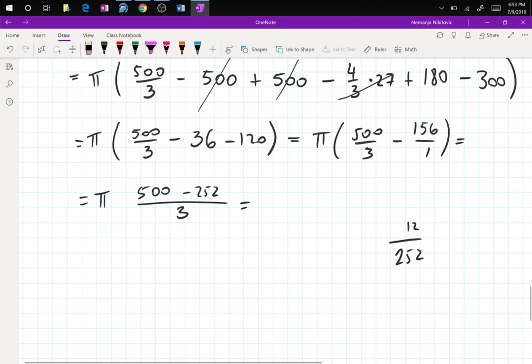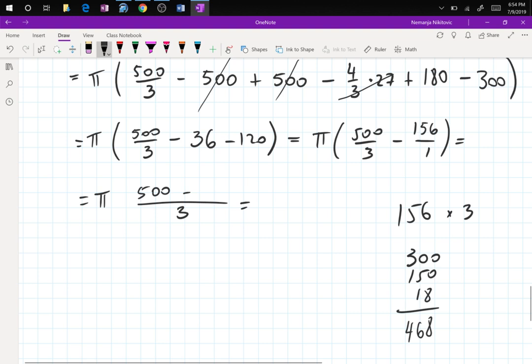That changes our calculation. When we multiply 156 by 3, guys, 100 times 3 is 300, 50 times 3 is 150, and 3 times 6 is 18. You add this to 468. Hey, that's 32 pi over 3.